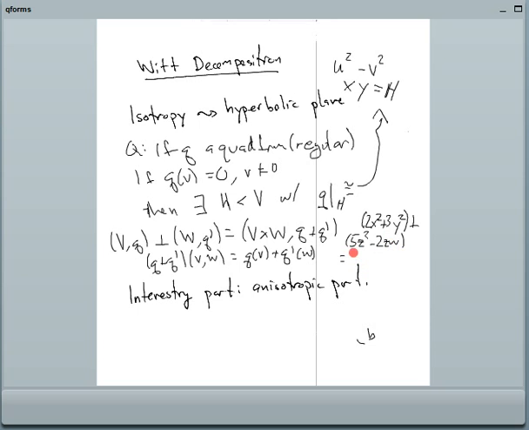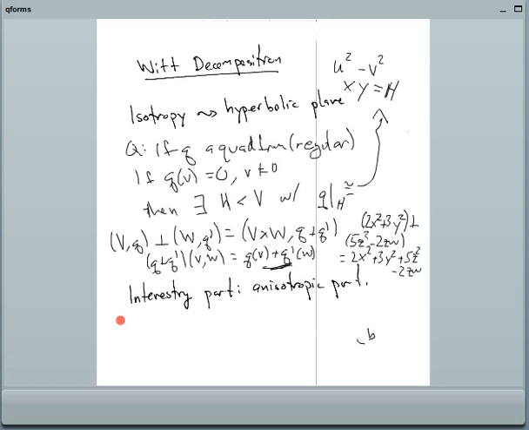Then you get the form in 4 variables, 2x squared plus 3y squared plus 5z squared minus 2zw. You just stick them together, making sure the variables are distinct, and the form is what you get when you add them up.